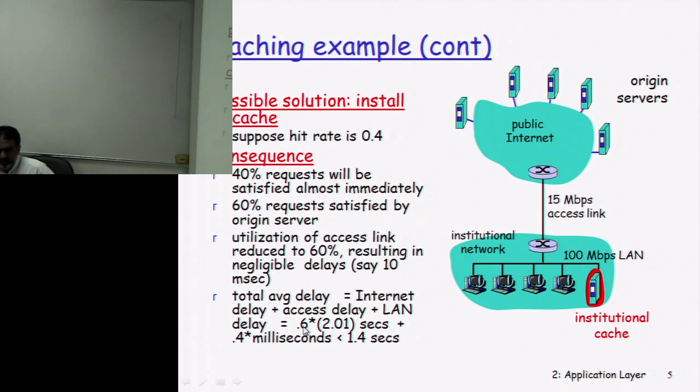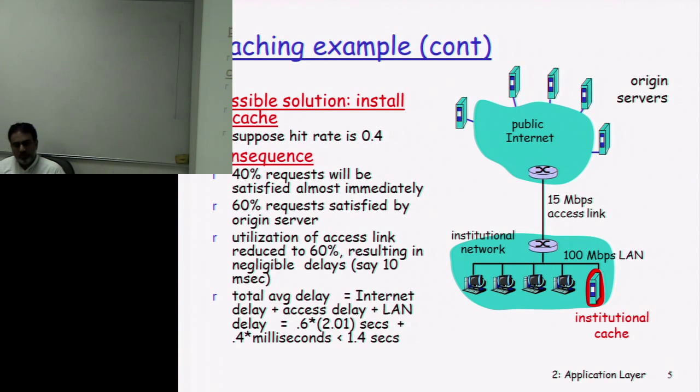The internet delay, we have studied it, is 2 into 60%, since 60% of requests are still going to be sent over the internet, plus the access delay on the access link, which is reduced to this, plus the LAN delay. So it will be approximately 0.4 into, it is already in millisecond.